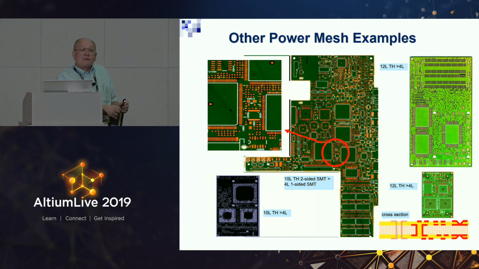I work a lot with the IPC, but what I'm trying to do is get rid of the propaganda and replace it with facts. And that's why the IPC is testing the landless vias, because I provided enough data to show that they've been screwing everybody for 40 years with their insistence that a via have a land, when we have data that shows that that only makes them unreliable.